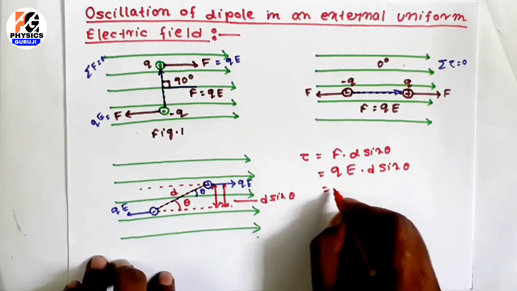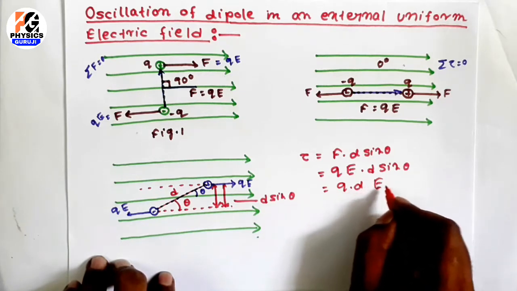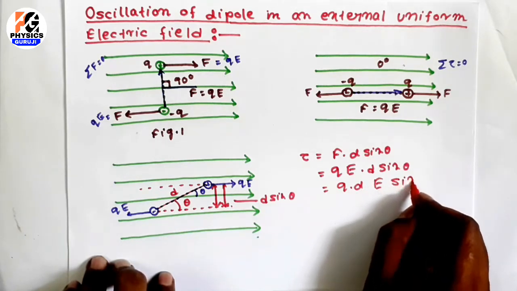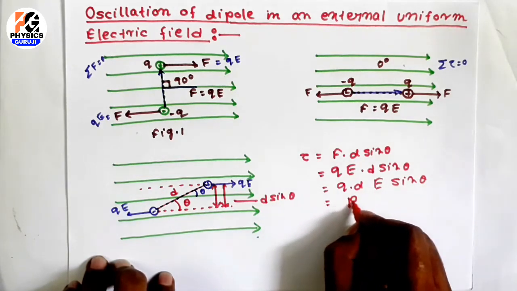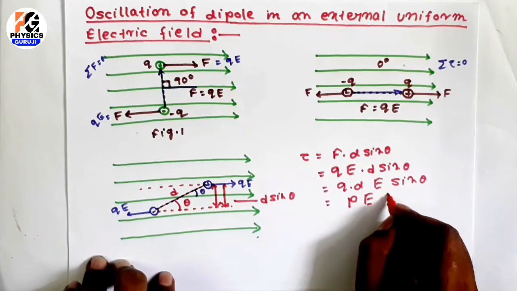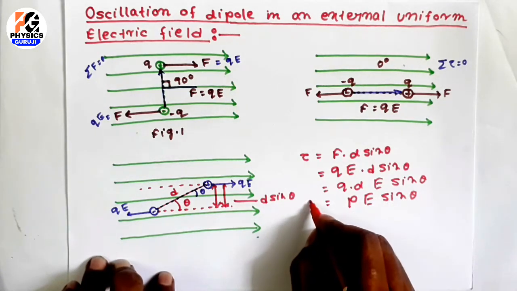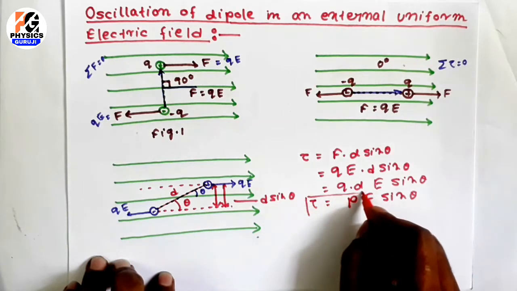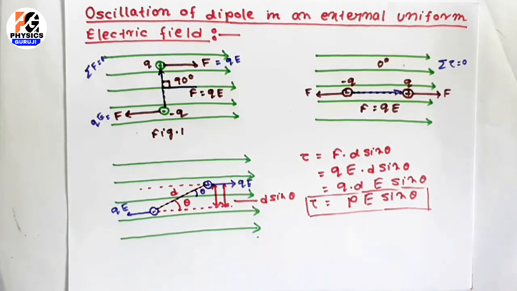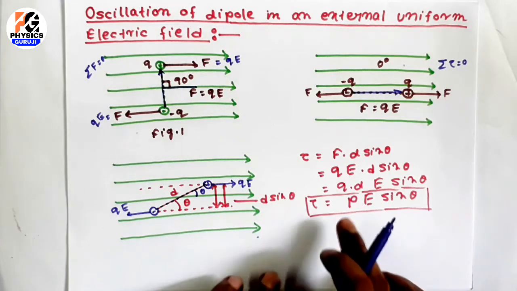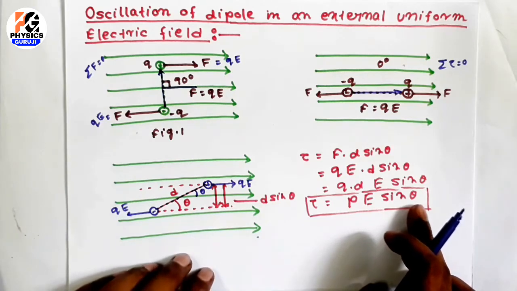Now it can be written as Q into d into E sin theta, which is equal to PE sin theta. So the torque on a dipole placed in a uniform electric field is PE sin theta, where P is the dipole moment, E is the uniform electric field, and theta is the angle between the dipole and the electric field.